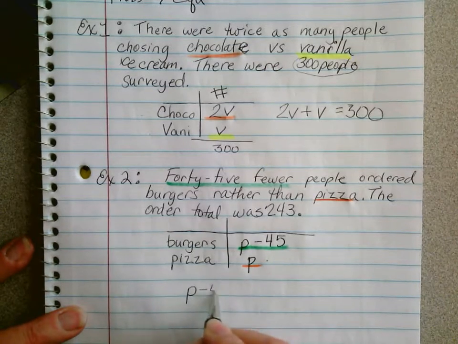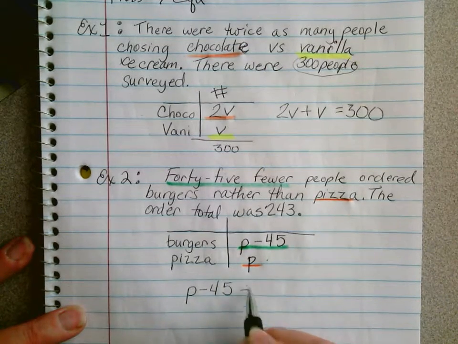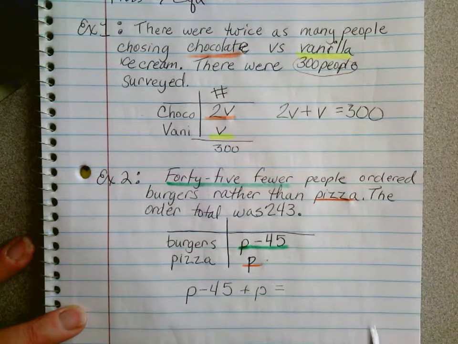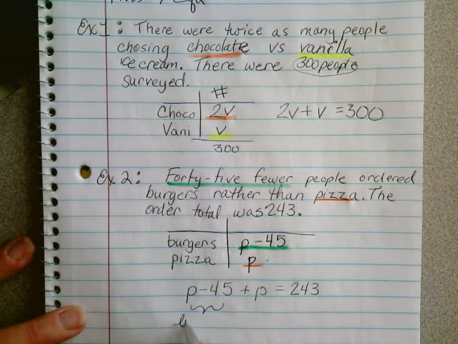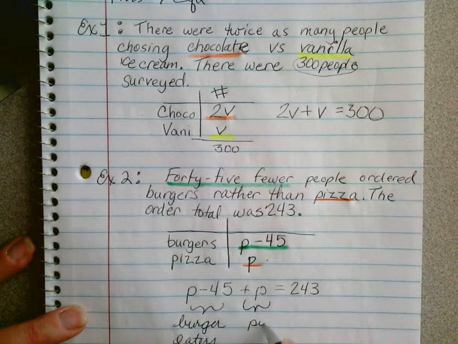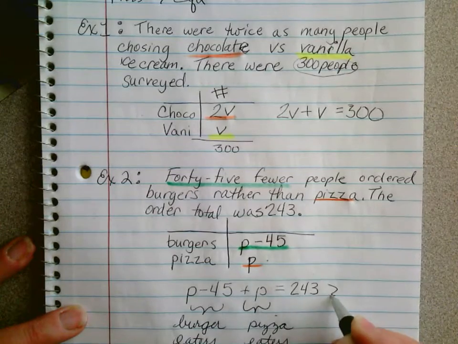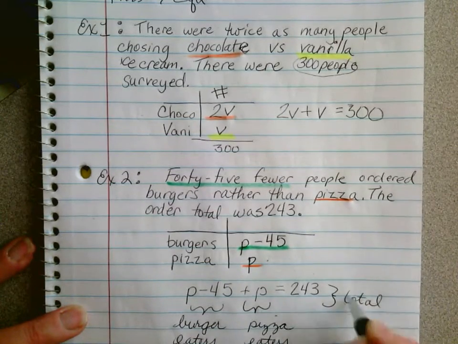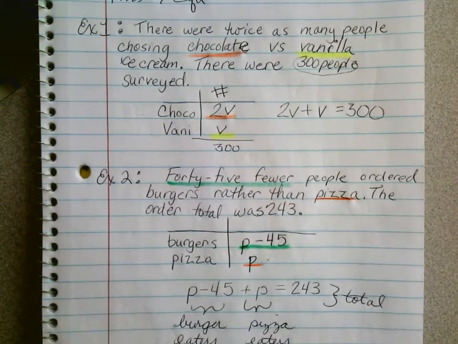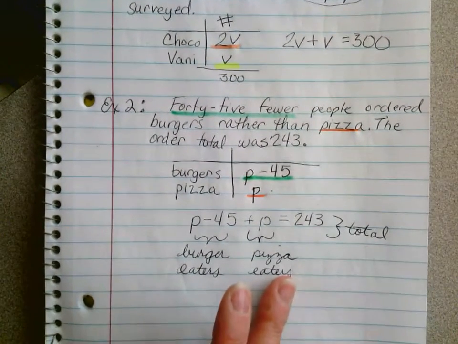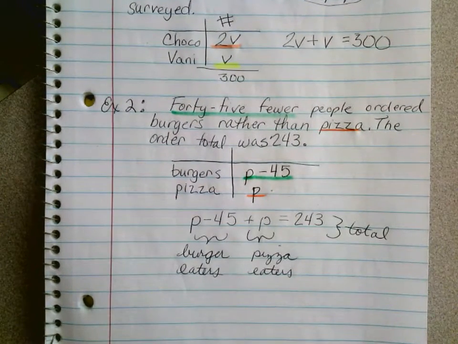Good. So, burger eaters plus pizza eaters equals the total number at the restaurant, or whatever the total being discussed. Okay? So far, so good?